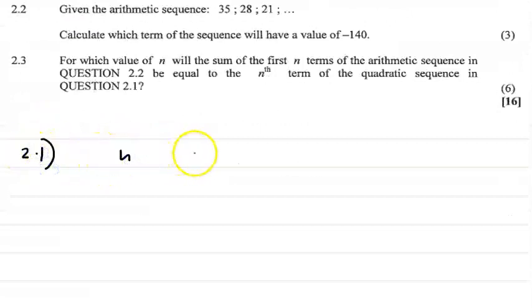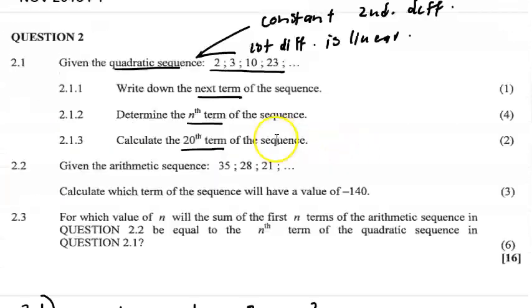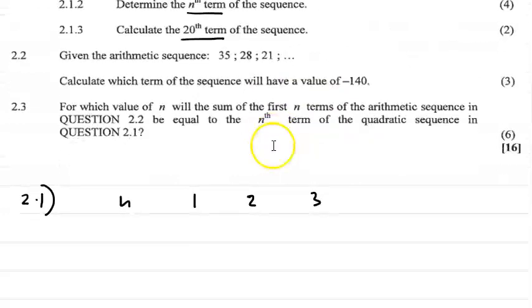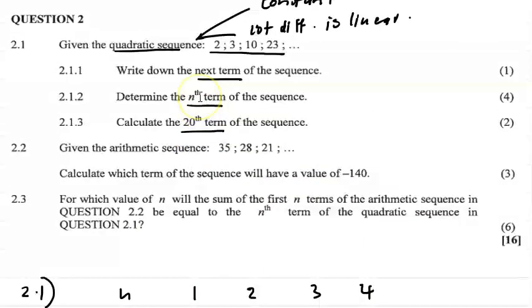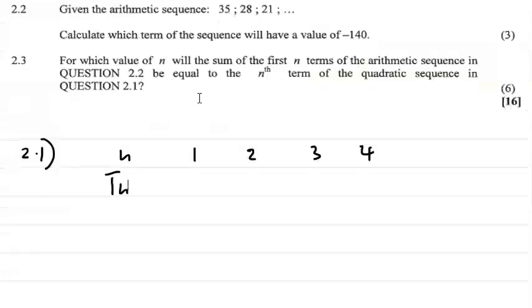So n will be 1, 2, 3, 4. Tn is the actual term in the sequence, and the terms are 2, 3, 10, and 23. So the first term is 2, second term is 3, the third term is 10, and the fourth term is 23.